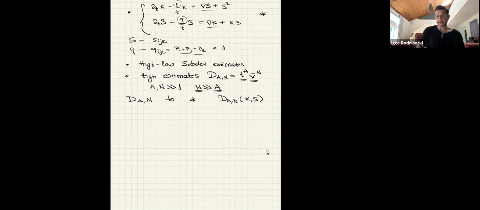So that's the high part, and the high part will allow you to conclude in principle that these derivatives, in some Sobolev norm, will blow up as maybe t to the power a. So this is far from what we want, but it does tell us already that we can control high derivatives of our solution. And so now we need to supplement this with the low Sobolev estimates.